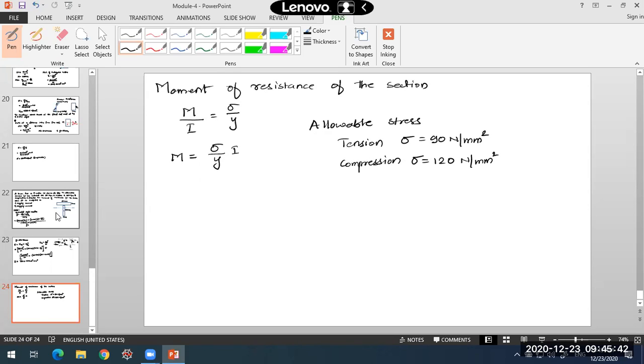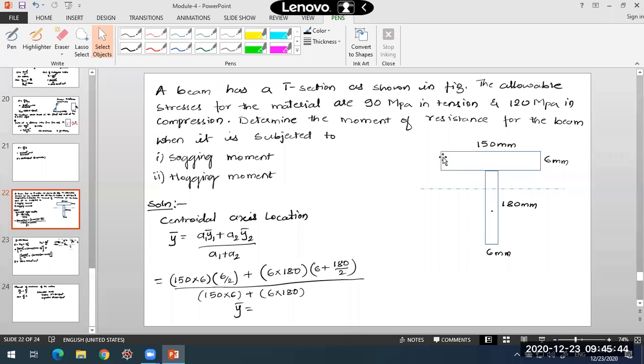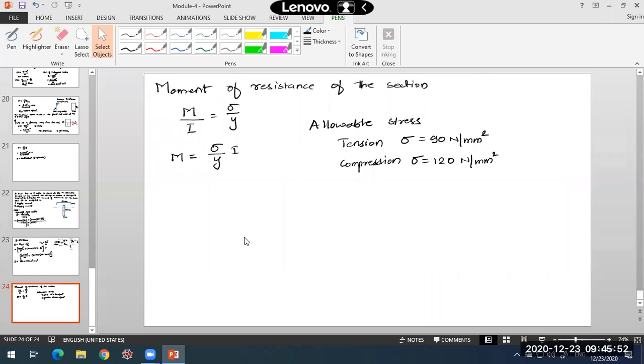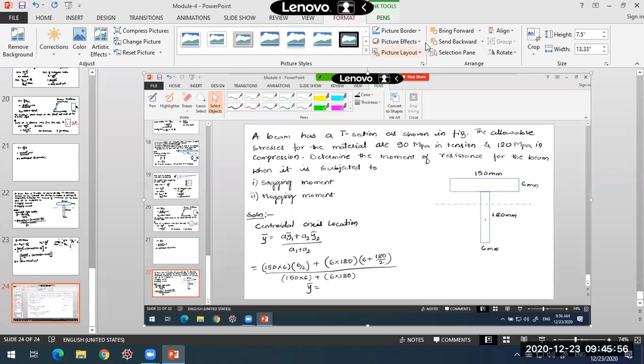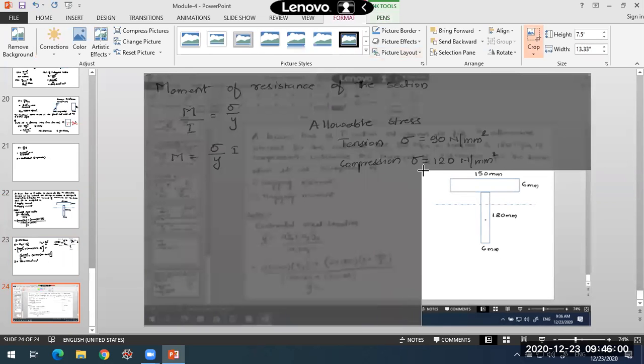Why? What is the distance of extreme fiber? Once we have located the position of neutral axis, I'll be getting two values of y max. What are those two values? The top fiber and bottom fiber, the extreme fibers in this T section, are not at the same distance.